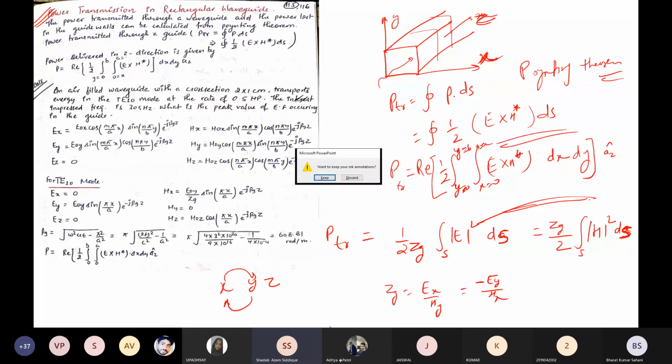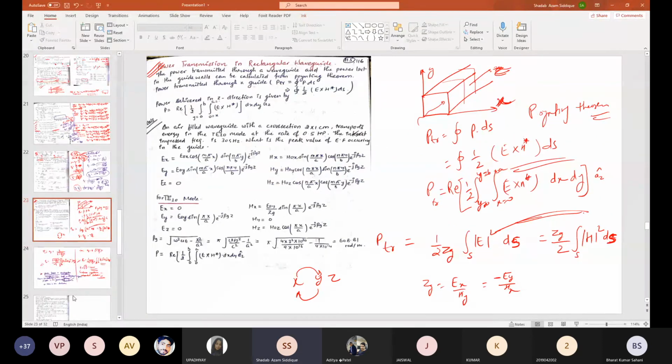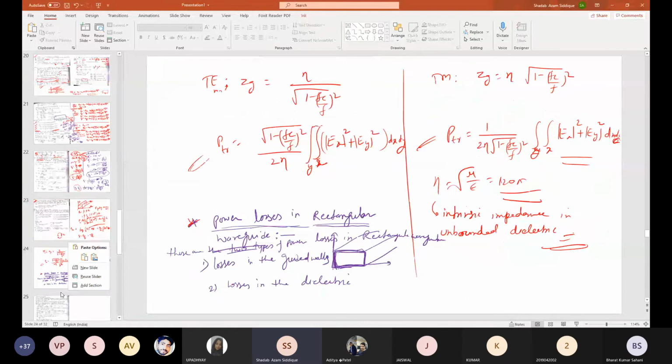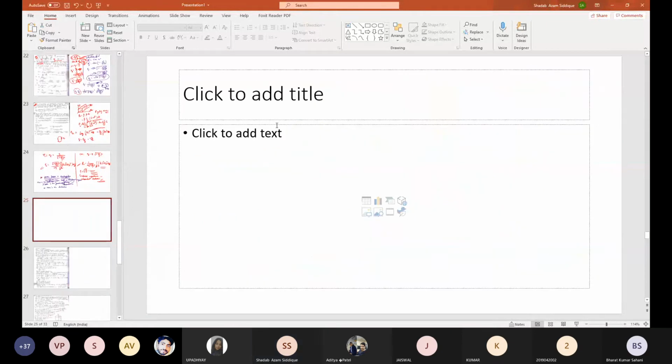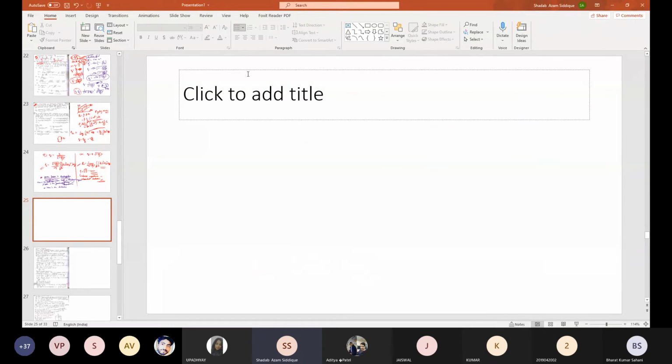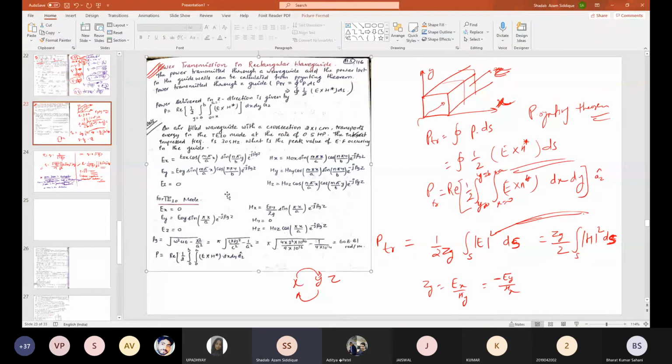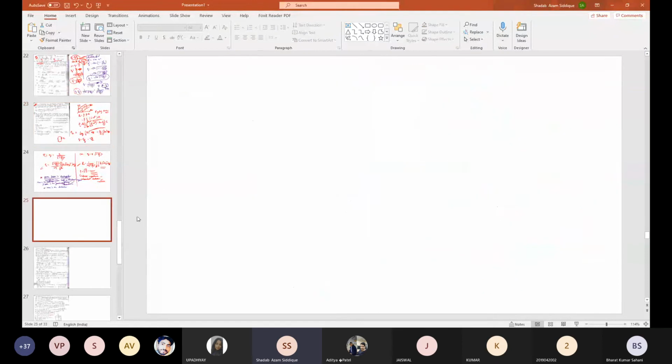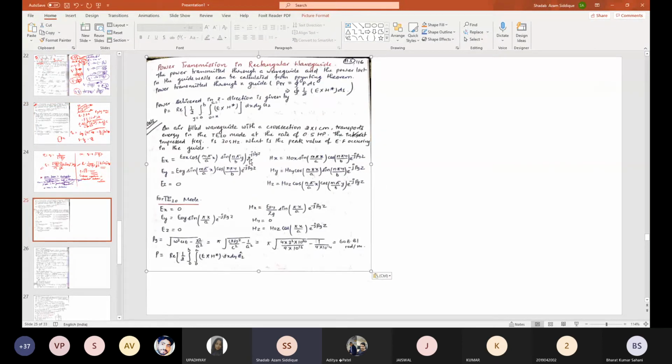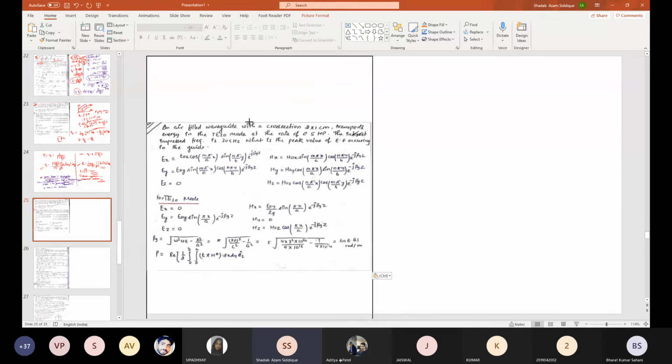First of all, I'll take one blank slide to solve this problem, one minute. And once I solve this problem, I'll stop. Circular waveguide we'll study in the next class. I'm taking this slide to here, cropping it to this one.